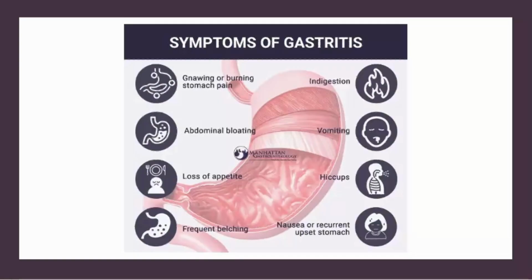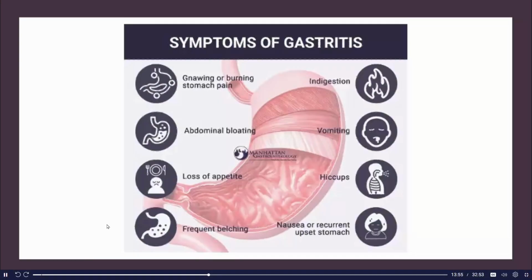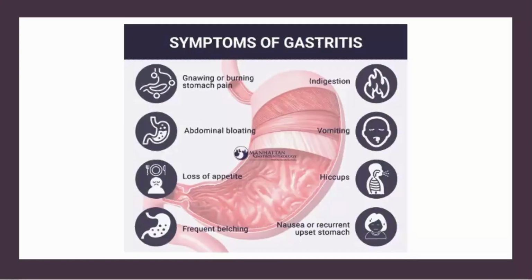Another sign that's not on there is feeling full. If a patient is belching a lot, that can indicate that there's a lot of inflammation, or sometimes with H. pylori, that bacteria in the stomach can make people burp a lot. When there is alcohol abuse, there's more commonly a correlation with gastric bleeding.